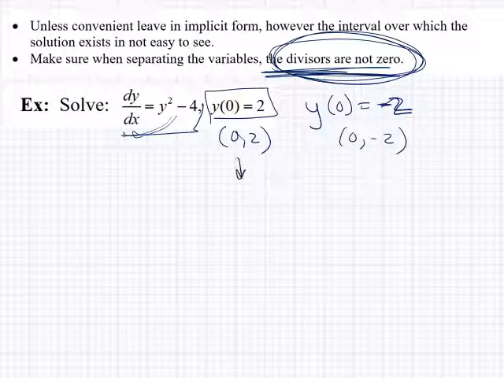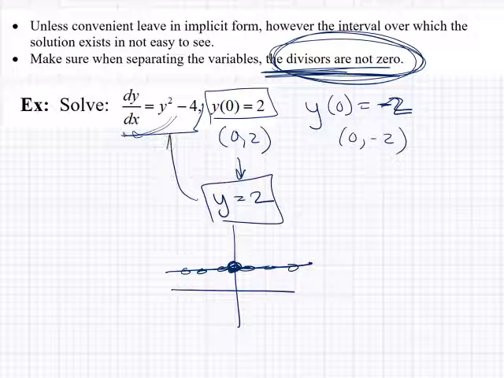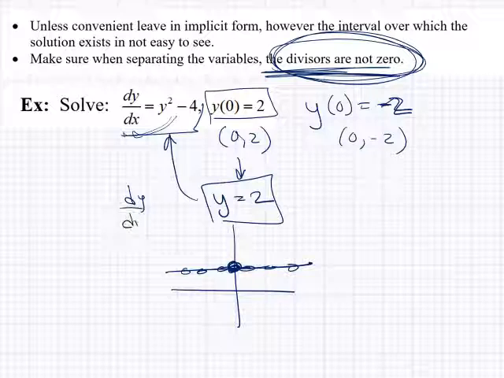So this is a point on this equation, y equals 2. Y equals 2 is a horizontal line. Every point on this horizontal line has a y value of 2, so 0, 2 specifically, which is right here, is definitely on that line. Y equals 2 is also a solution to this differential equation, in that if you look at it, the derivative of that is going to give me 0.